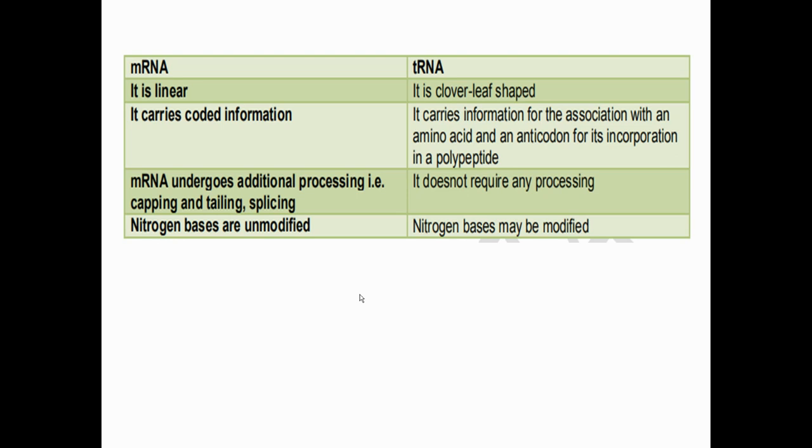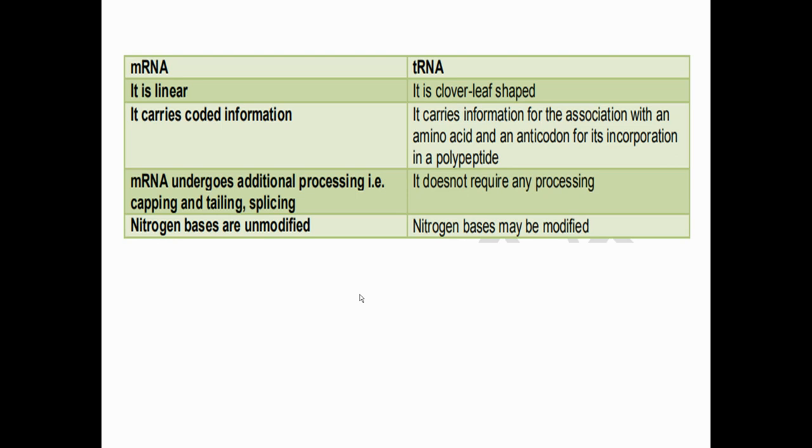mRNA undergoes additional processing because capping and tailing will happen at the 5 prime and 3 prime ends respectively. tRNA does not require any sort of processing, because charging of the amino acid happens prior to the binding with the tRNA molecule.